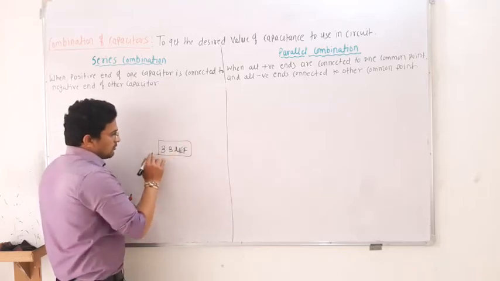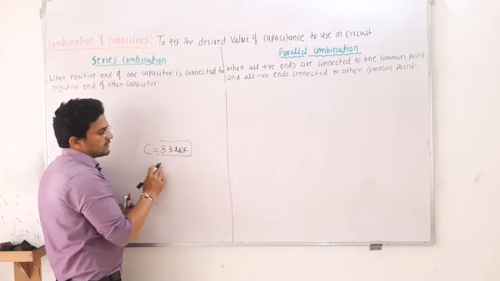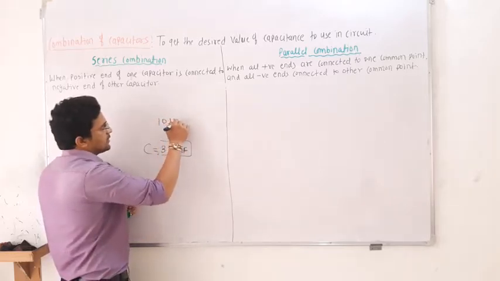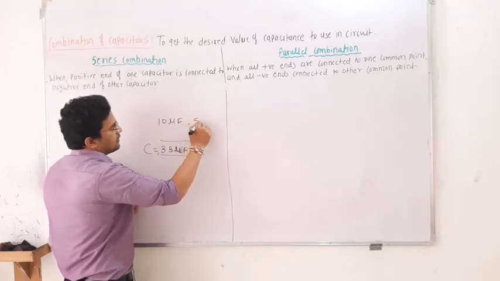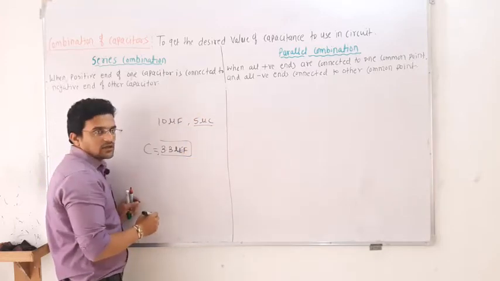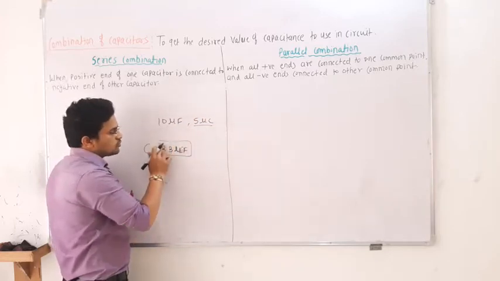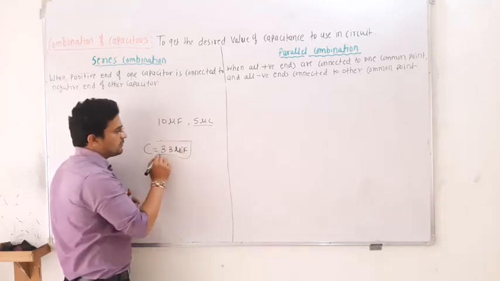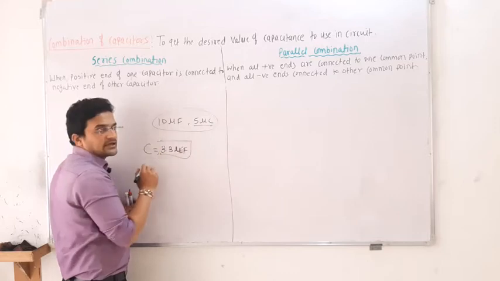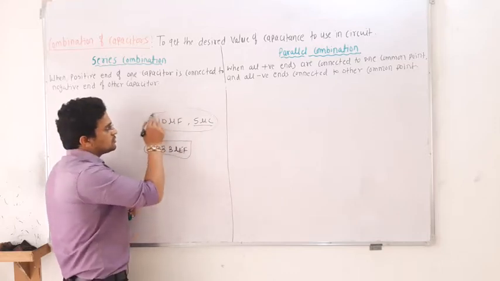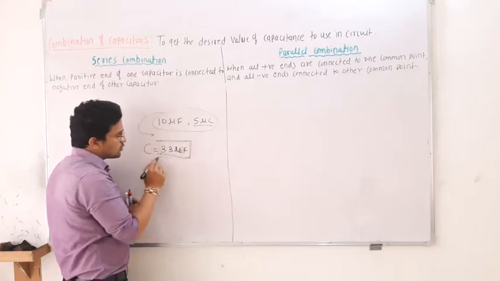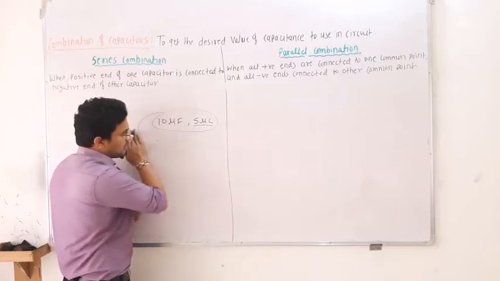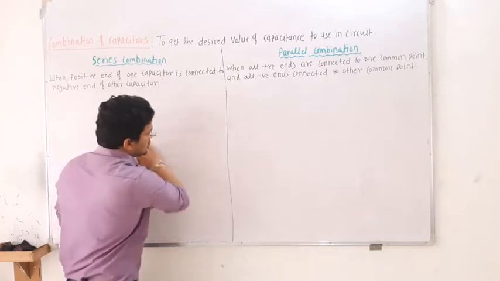This value of capacitance is not present in the market, so you can take a 10 microfarad and a 5 microfarad capacitor and connect them in such a way that you get a total of 3.3 microfarad, because these two capacitors are available. So by using these two capacitors, how can I get a total capacitance of 3.3 microfarad? That's why you need the combination.